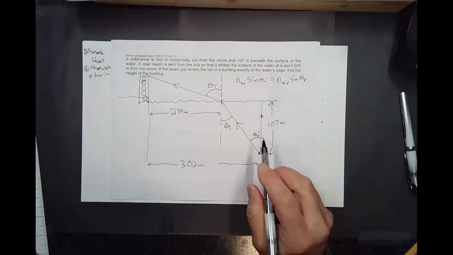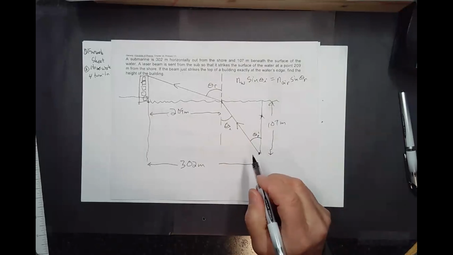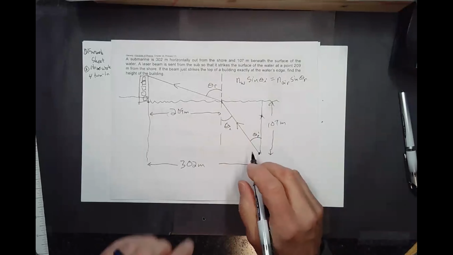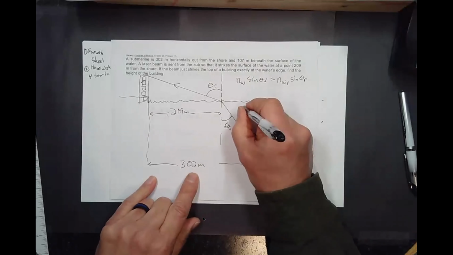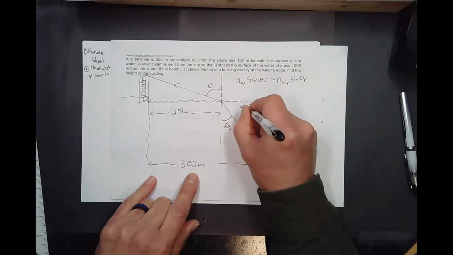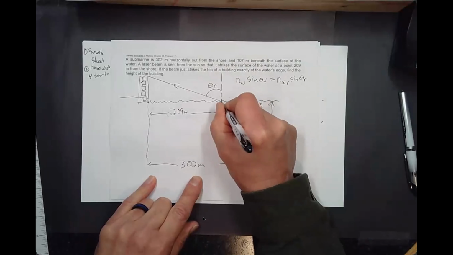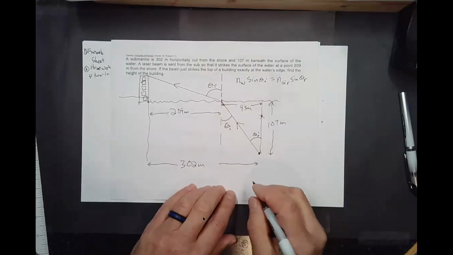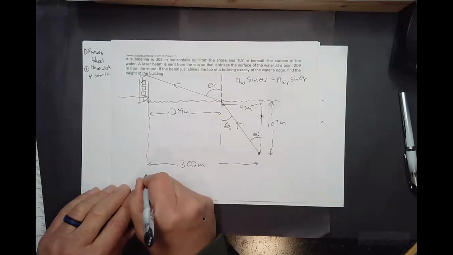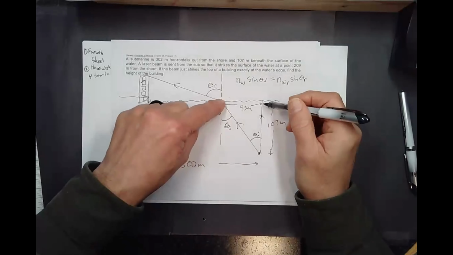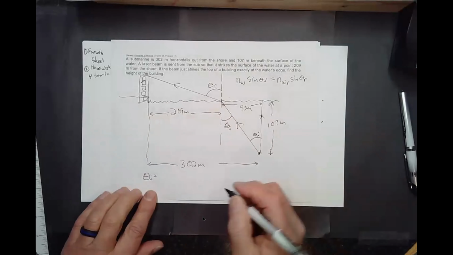Let's see, 302 minus 209, that looks like 91 plus 2, that's 93 meters. And ignore the ripples in the water. Pretend it's just a straight line. So theta sub I is going to be the inverse tangent of 93 over 107.